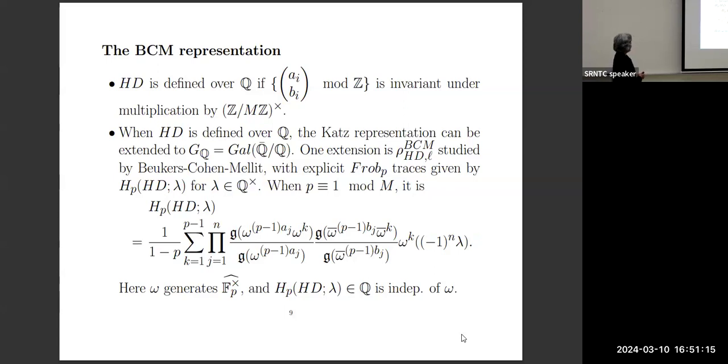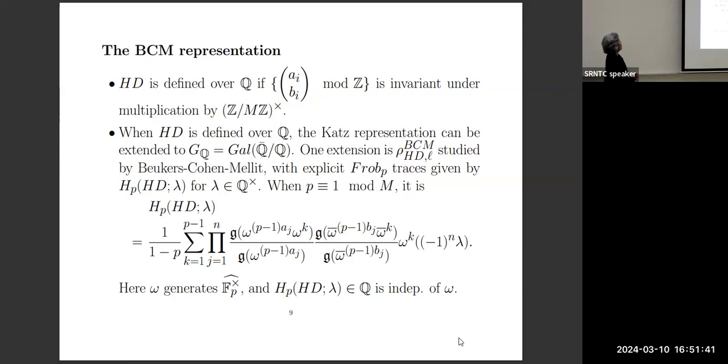We say that this hypergeometric datum is defined over Q if, with the columns taken modulo Z, multiplying by the integers coprime to M just permutes these column vectors.